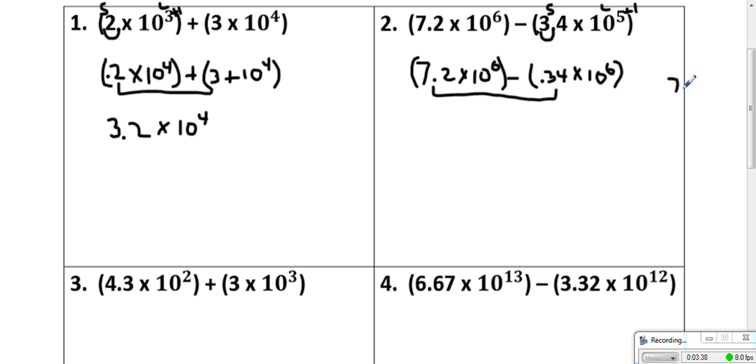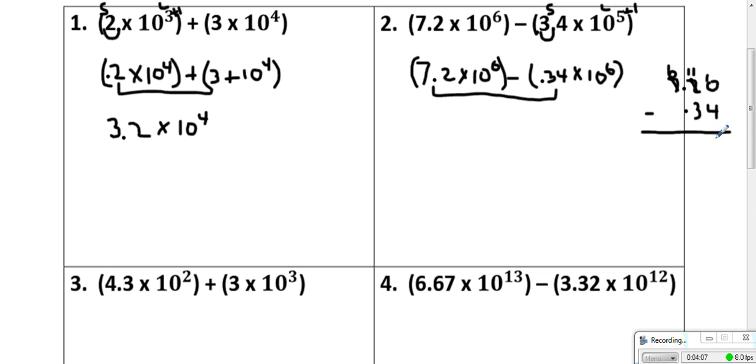So 7.2 minus, you line up the decimals, 0.34. I'm just going to add a 0 there just to make it a little bit easier for me to subtract. I'm going to make that a 10. I'm going to borrow, and then this has to become an 11. It becomes a 1, and then you borrow from this, which becomes a 6.